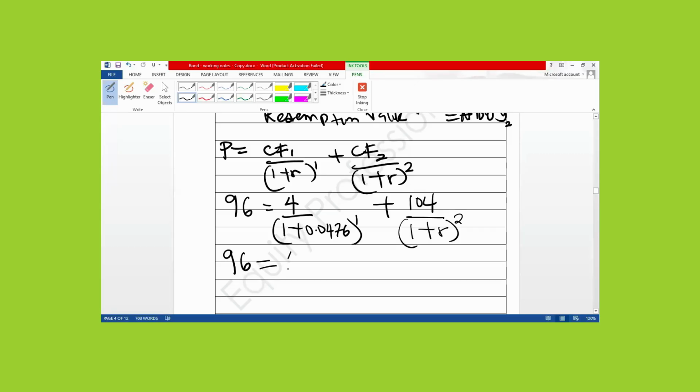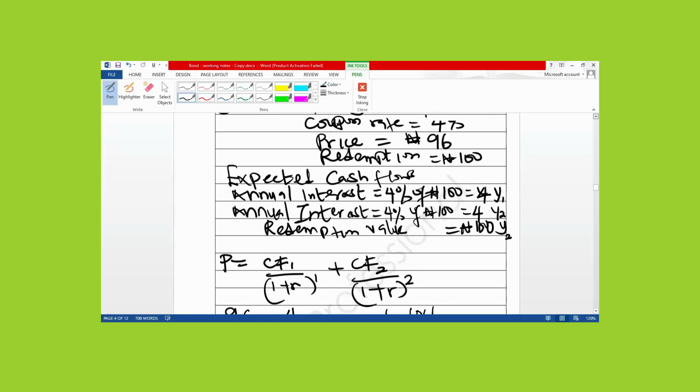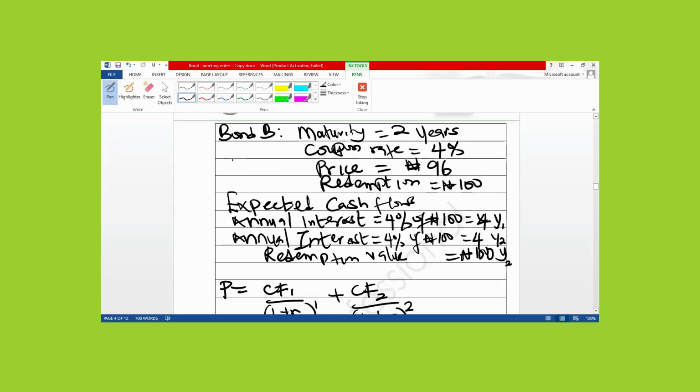Paul, yes, let me hear you. So why is the cash flow for year 1 4 instead of 110? 110 was for bond A. Look at this, we are dealing with bond B. We are finished with bond A. Bond A is for 1 year maturity, and its cash flow is different from bond B. Bond A's coupon is 10%, bond B's coupon is 4%.